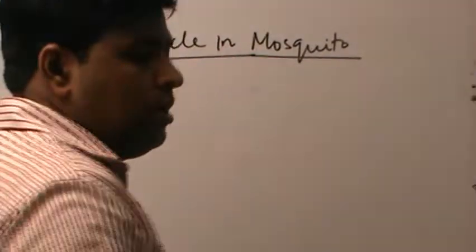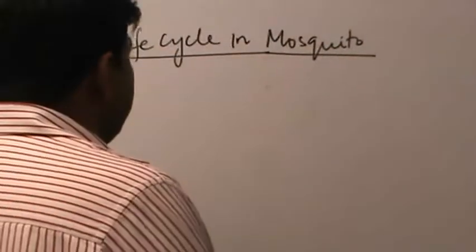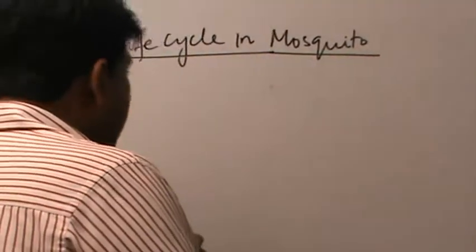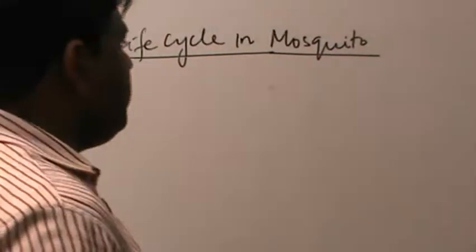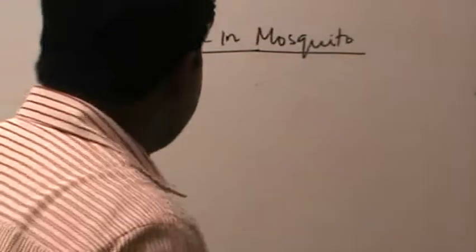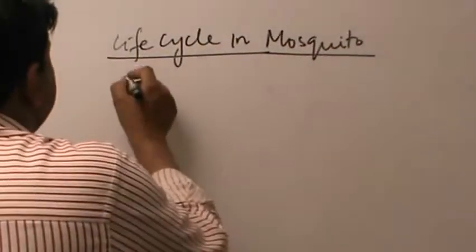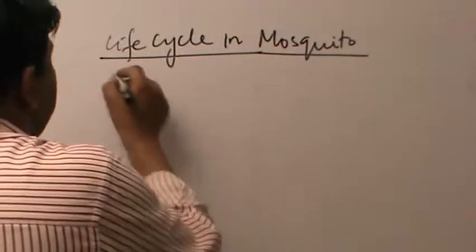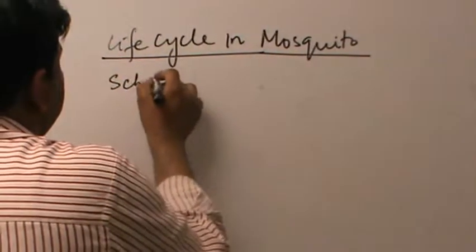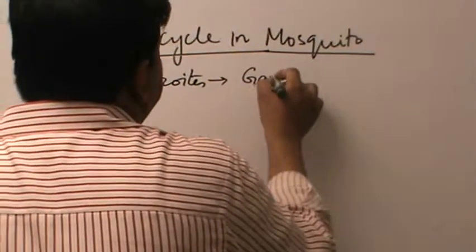So the schizont stage released in the blood of the patient, when the patient is bitten and blood is sucked up by the mosquito, it takes up the schizonts, and these will undergo gametogony.